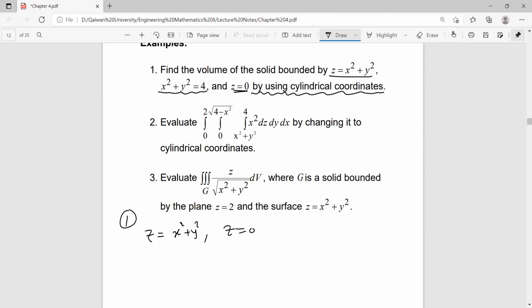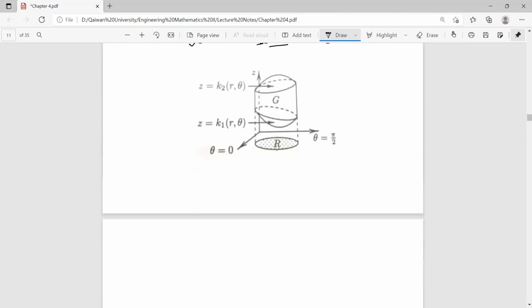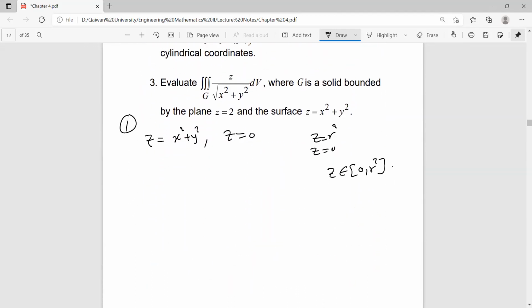That means z equals r squared, and z equals 0. So z belongs to 0 and r squared. Look, we said before x squared plus y squared equals r squared. And if you have x terms, replace x by r cosine theta, y by r sine theta. So here we say this from 0 to r squared.